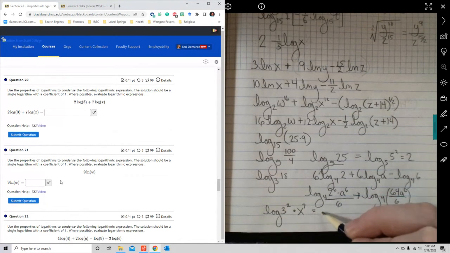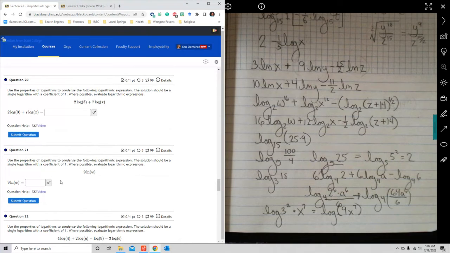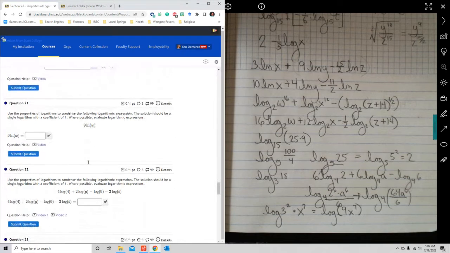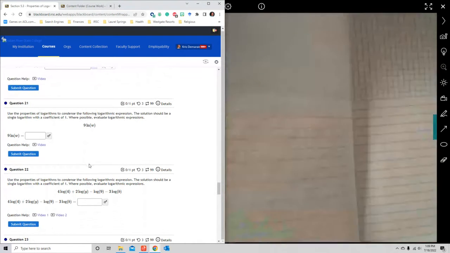The easy way of writing that would just be log of 9x to the 7th. That's how we'd write it, and that is the answer they gave. So pretty straightforward. It's using those properties.